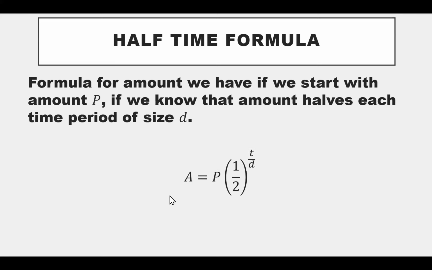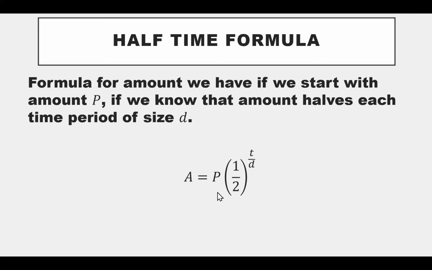In a similar way, we have a half-time formula, which instead of doubling, we put 1/2 there. So instead of having a 2, we have a half. But d is the time it takes to halve. Now, you can make this more general as well. If you know a tripling time, you could put 3 and then put d as the amount of time it takes to triple.